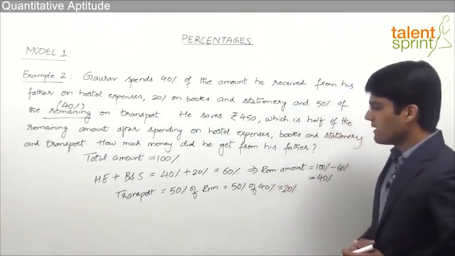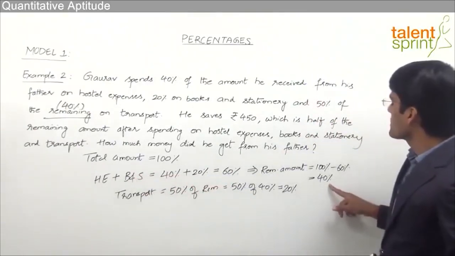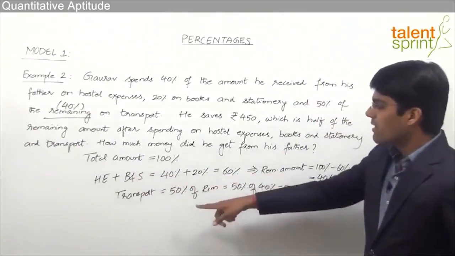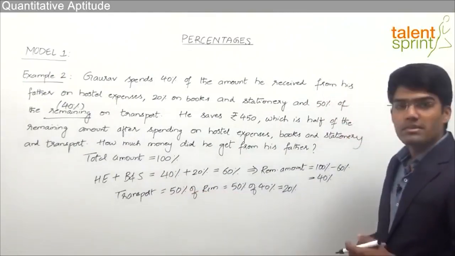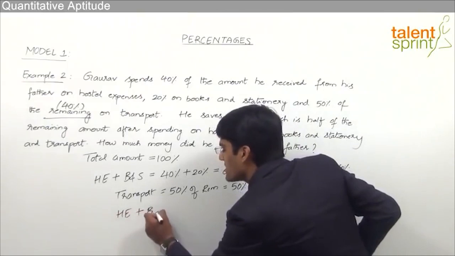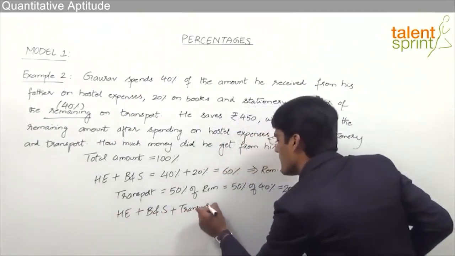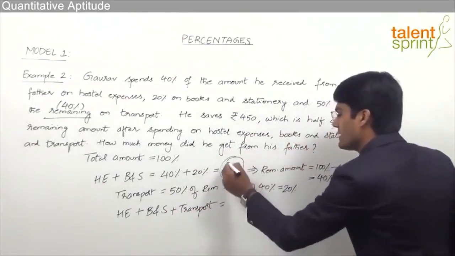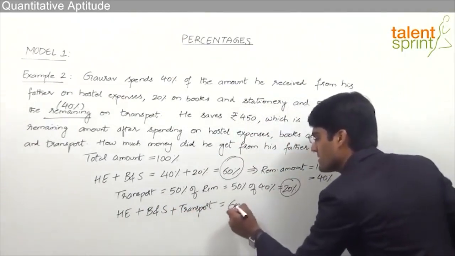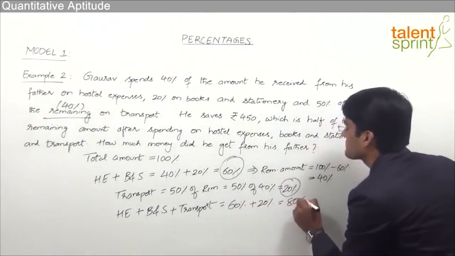So we can now say that hostel expenses and books and stationery together was 60%, and on transport he has spent 20%. So altogether for hostel expenses and books and stationery and the transport, the total amount spent is equal to 60% plus 20%, that is equal to 80%.